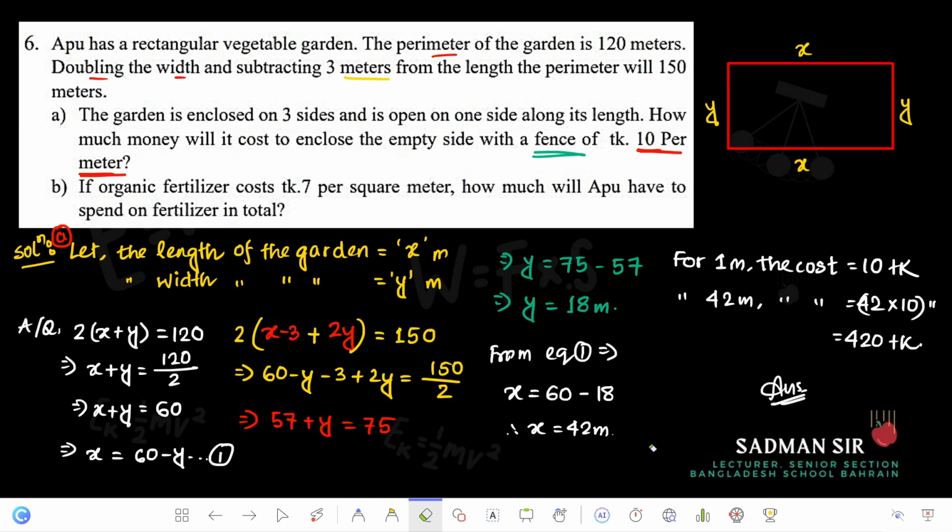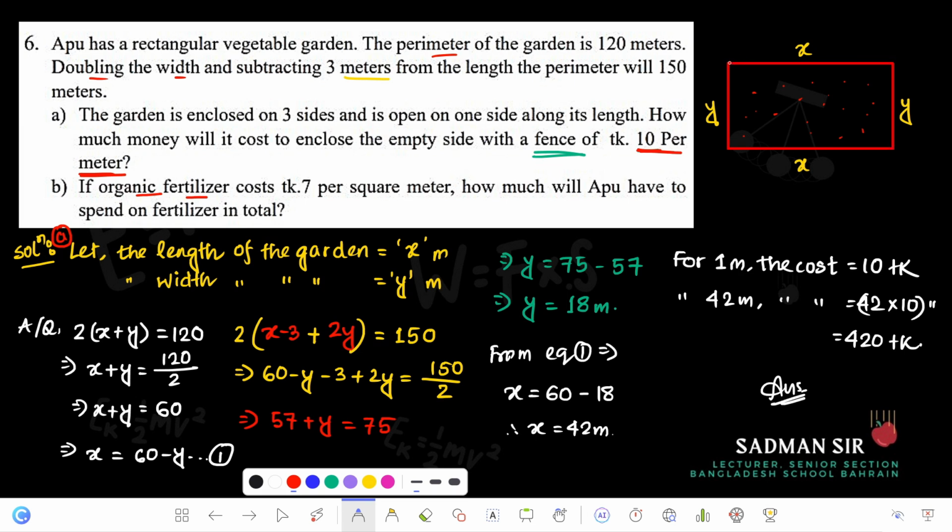Now again, they are talking about applying organic fertilizer. Fertilizer is something that is spread all over the area, right? So this is also an indication that we need to deal with the area. But when they are talking about fencing, fencing is something that we do not do all over the area. Rather, we do it at the boundary, right? And whenever they are talking about something related to the boundary, you need to understand that you have to calculate the perimeter.